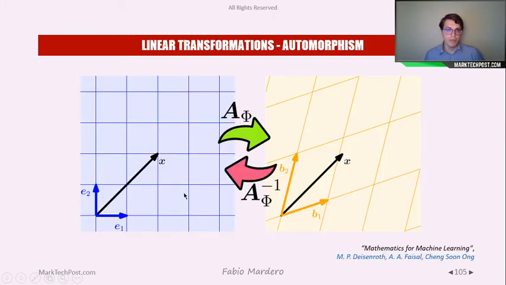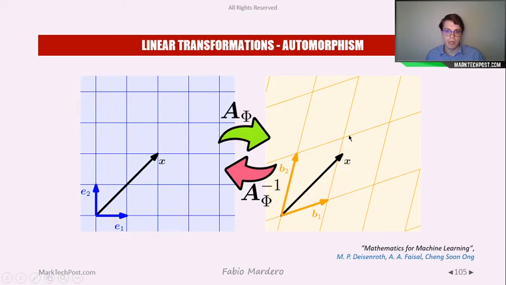For example, if we take this plane and we define this basis A1 and A2, the canonical basis, then using some linear map that has this transformation matrix A of V, we go to this generic basis B1 and B2. Fine. The vector we have already seen is the same, but the coordinate system is changed, so also the coordinates of x are different from one plot to the other.